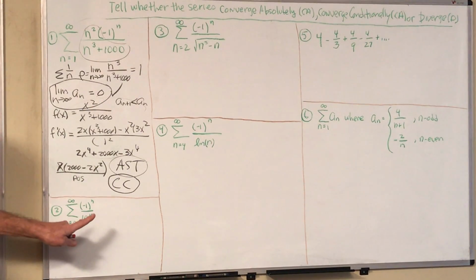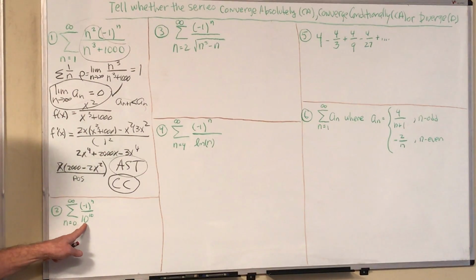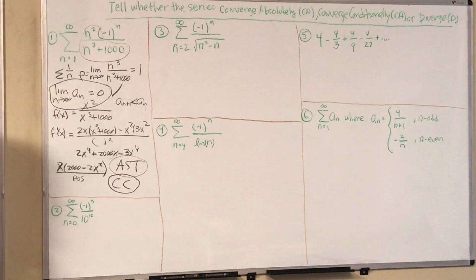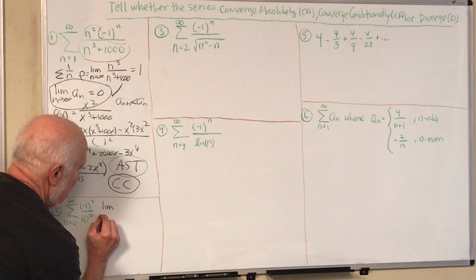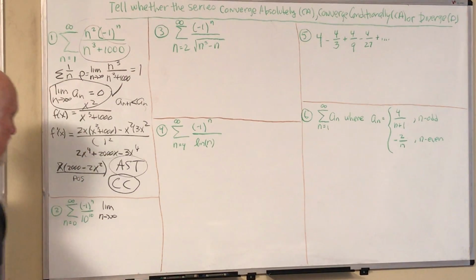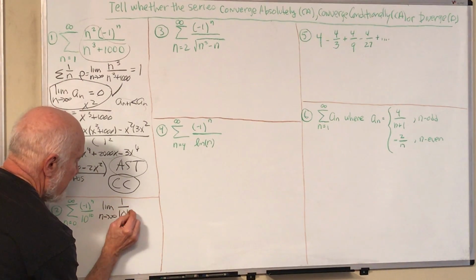Okay, much easier problem right here. The very first thing you're going to do is the nth term test, because the nth term test works both for series that have all positive terms and it's a part of the alternating series test. So I can just take the limit as n approaches infinity of 1 over 10 to the 10th.